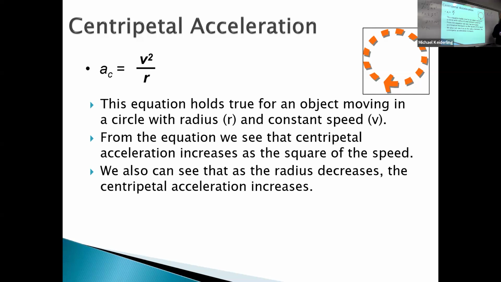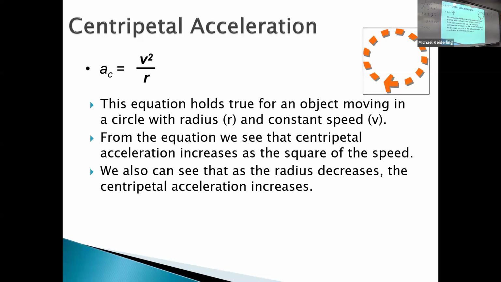And the tighter the curve, the more acceleration is required. You've probably experienced both of these facts. It's harder to do a tight curve than to do a shallow curve. And the faster you're going, the harder it is to make a curve of the same size. And that acceleration is proportional to your speed squared as you go in a circle.